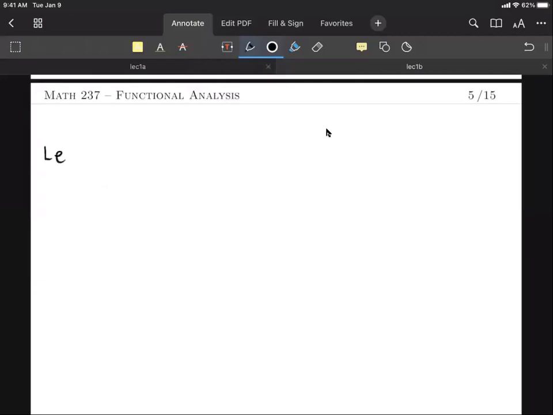So let's start with a Cauchy sequence of equivalence classes. Let us denote that by a K. And to be precise of the notation, you consider the following. So we have a sequence of Cauchy sequences.